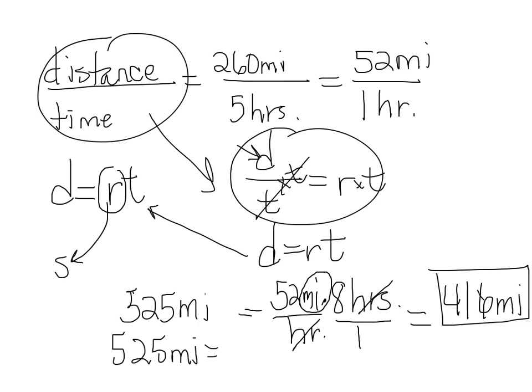You're going at a speed of 52 miles per hour times how long would it take to get there? So you would just go 525 divided by 52. What do you get? Is it like 10.1? Yeah. So you would say it'd take about 10.1 hours to get there.